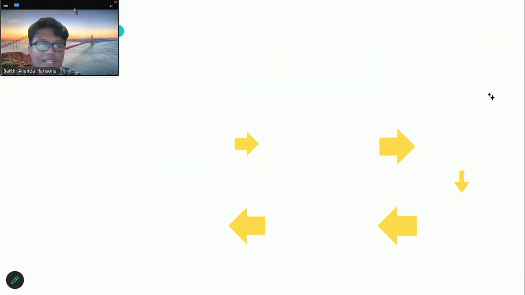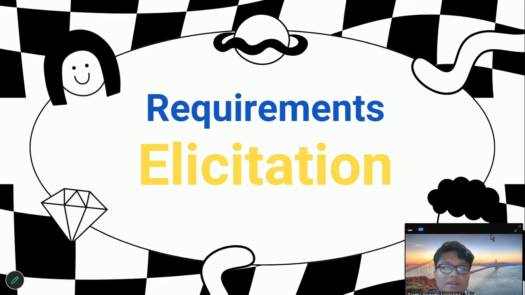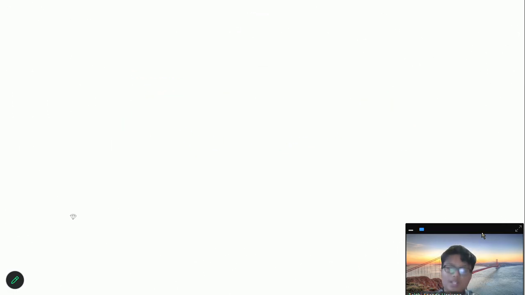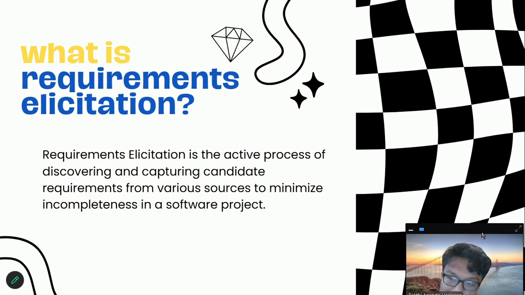Okay. Next, we will talk about requirements elicitation. So, what is requirements elicitation? Elicitation is the active process of discovering and capturing candidate requirements from various sources to minimize incompleteness in a software project.